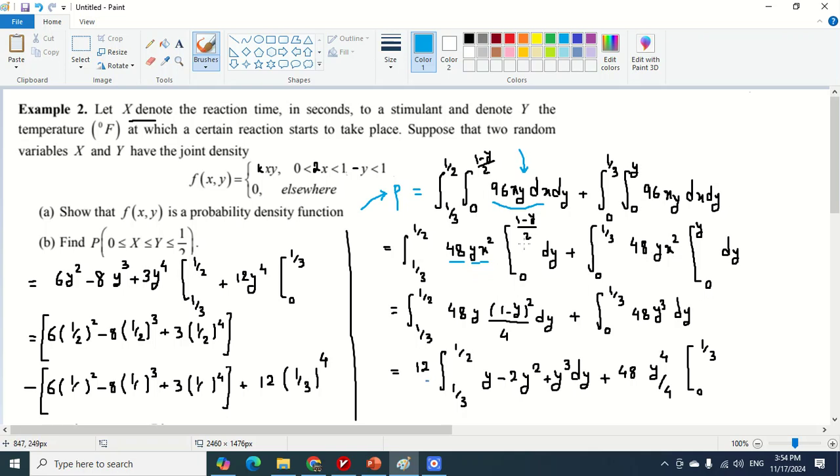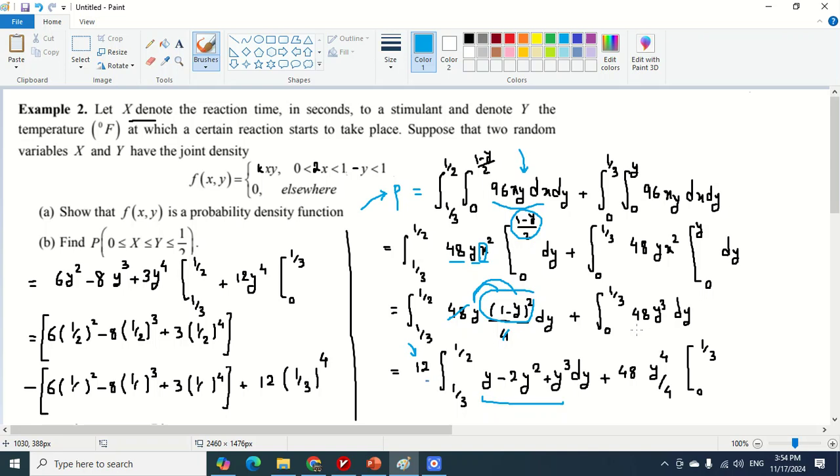And if I put the upper limit, 1 minus y over 2, instead of the x in the equation, then I have this expression: 2 squared is 4, and after cancelling 4 and 48, the result will be 12. And because it's a constant number, it comes out. Now we expand 1 minus y squared and multiply y by the expression inside, which leads us to this equation.